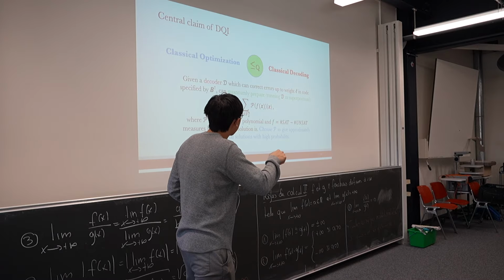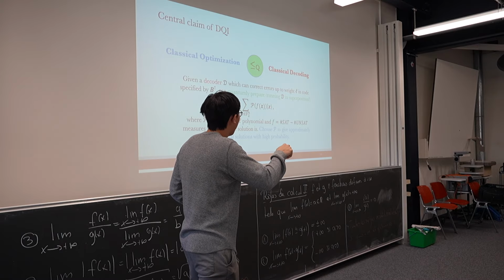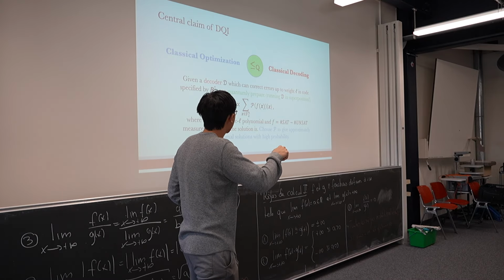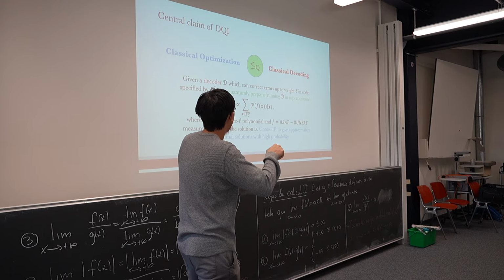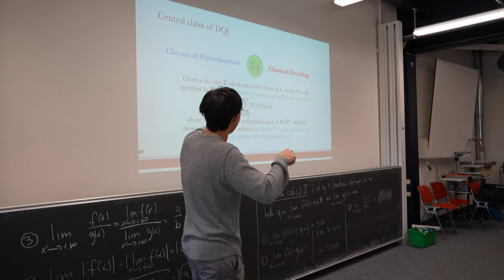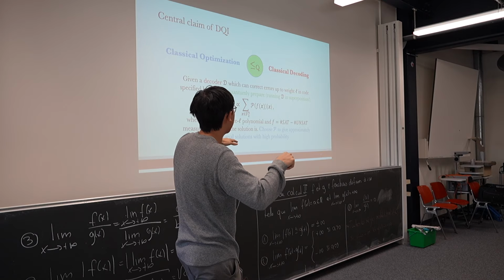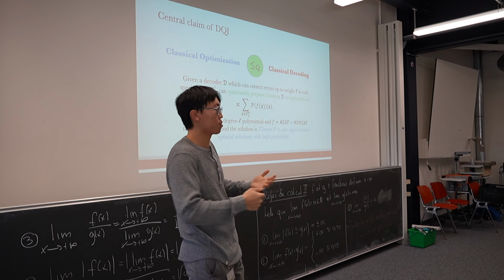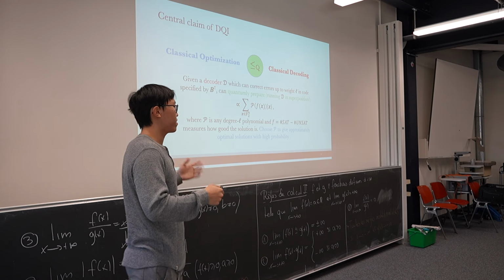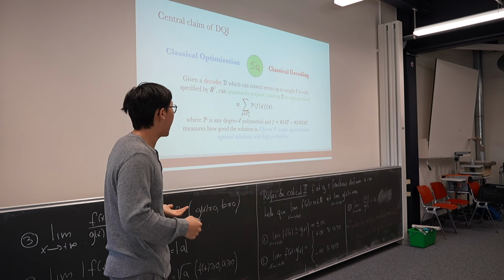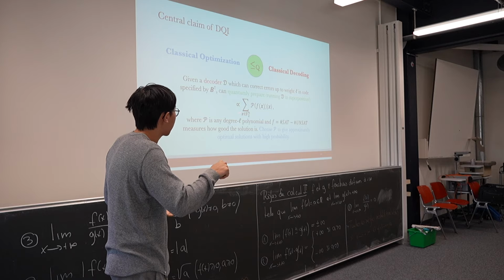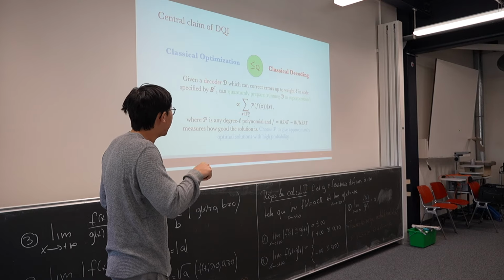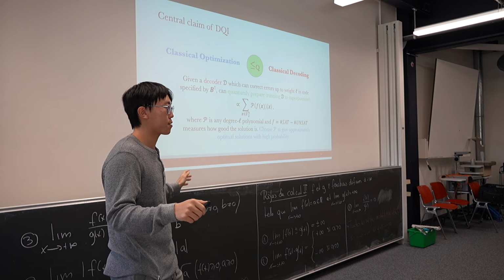This state is a superposition over all possible solutions x, whose amplitude is a polynomial P of f of x. So f of x is a function that measures how good your solution is. If f is really large, then your solution is very close to optimal. And if f is really small, then your solution is really bad. And P, on the other hand, is any degree L polynomial that you like.